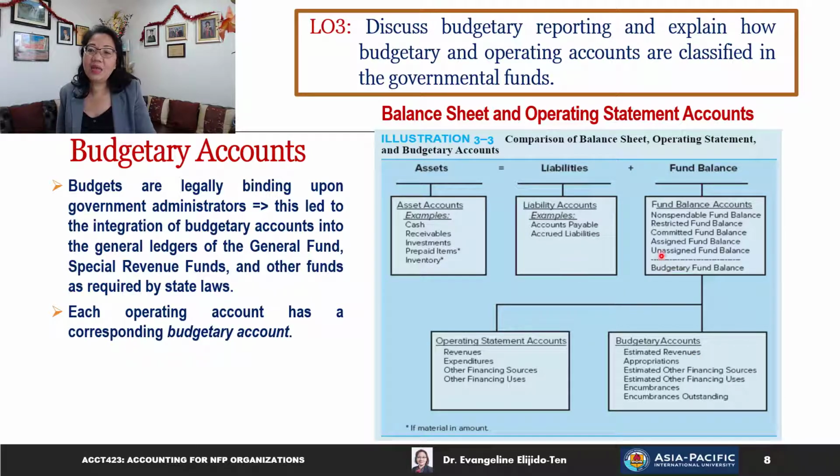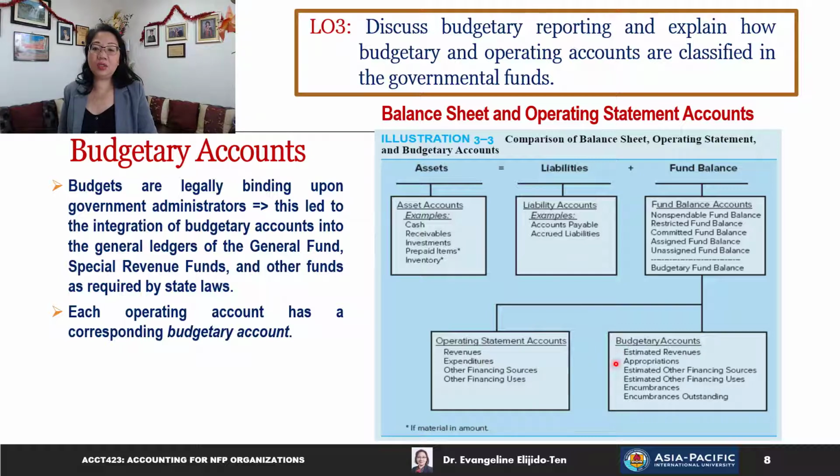Well, here we have, under the fund balance, the budgetary fund balance will be shown, and the budgetary accounts are also related or linked to the fund balance as well as the operating statement accounts. Notice here that for every item in the operating statement account, there is a corresponding budgetary account.